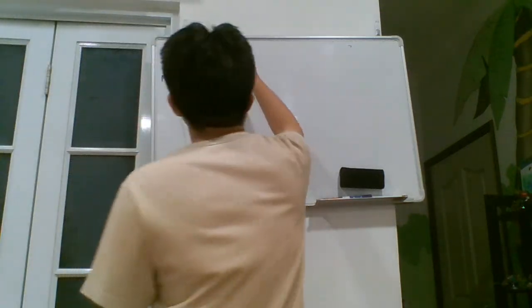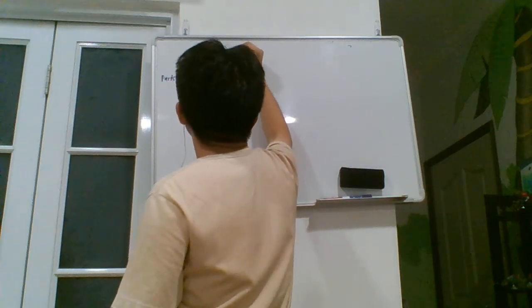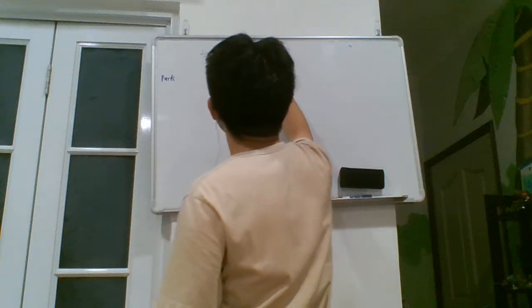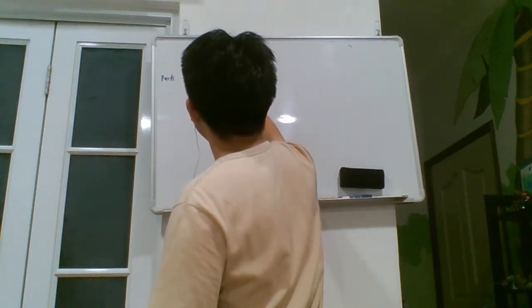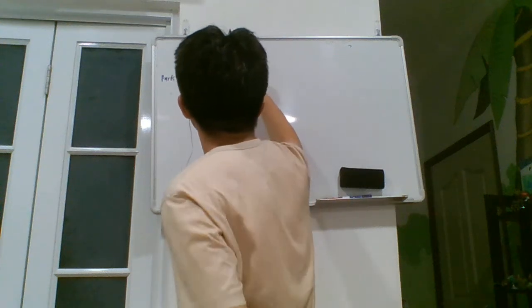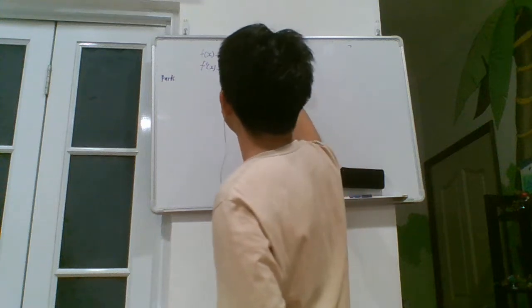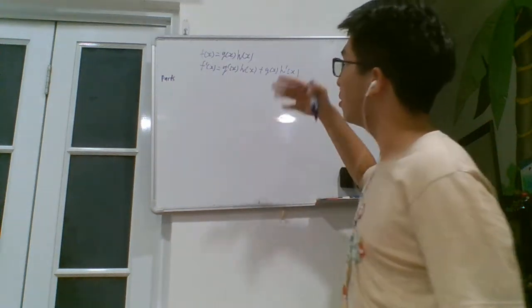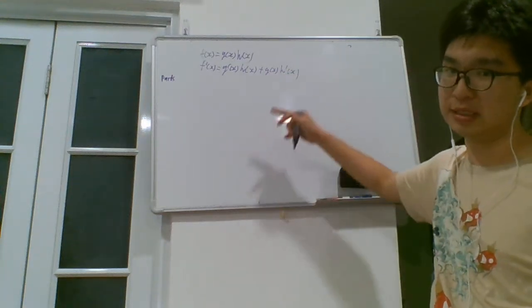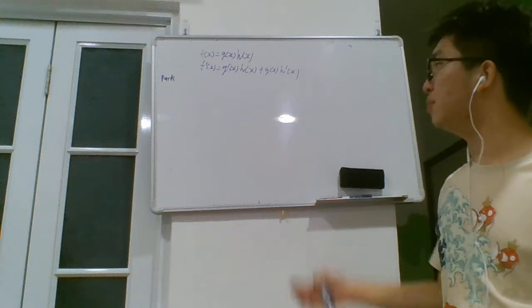So as established, let's say f prime x equals g prime x h x plus g x h prime x. Am I right to say this? I hope this is how you remember your product rule, because this notation will be very useful.